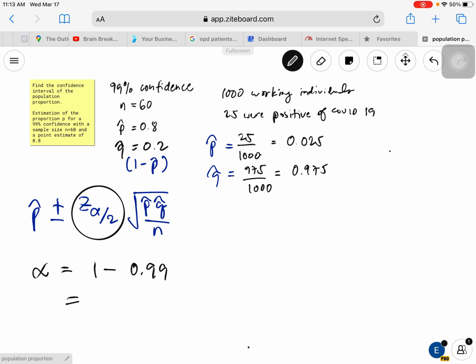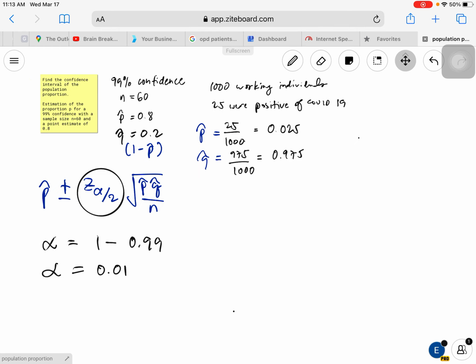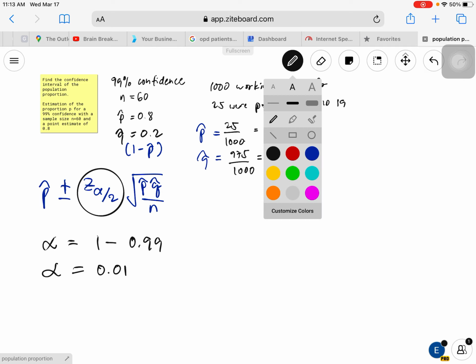So that's our alpha. That's basically 0.01 for this sample exercise.